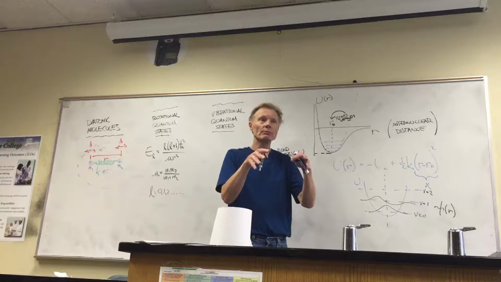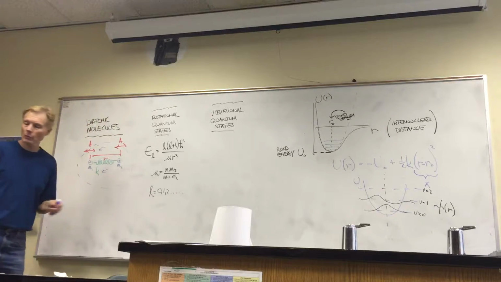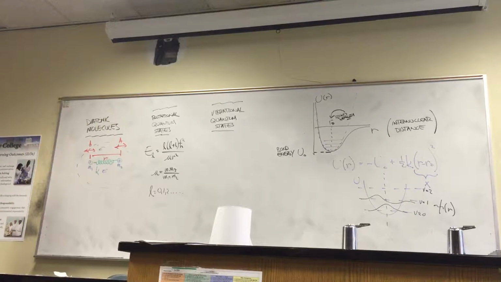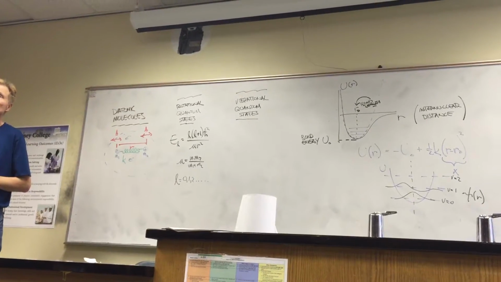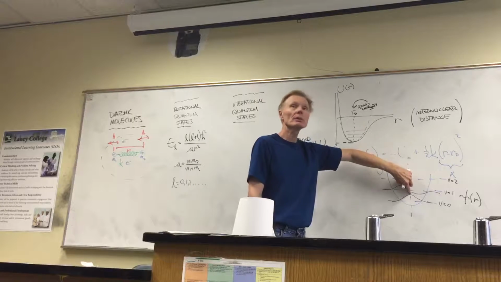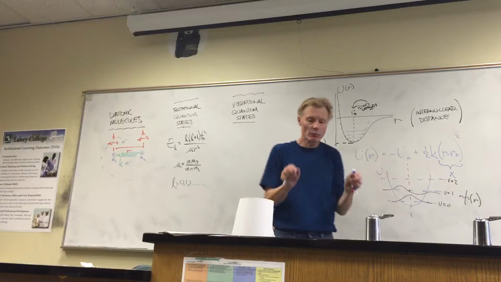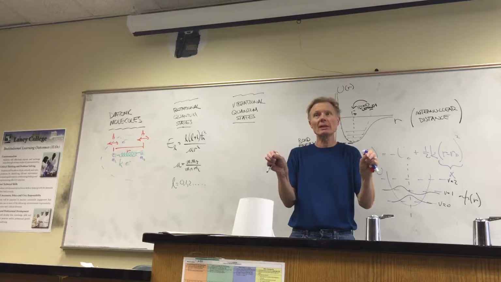Kind of the central region. And what that's saying is, if I go in and take a look at this molecule, what's the most likely separation between the two protons, or between the two nuclei? The most likely separation would be the equilibrium separation. And then as I move away from equilibrium in either direction, those are going to become less and less likely.